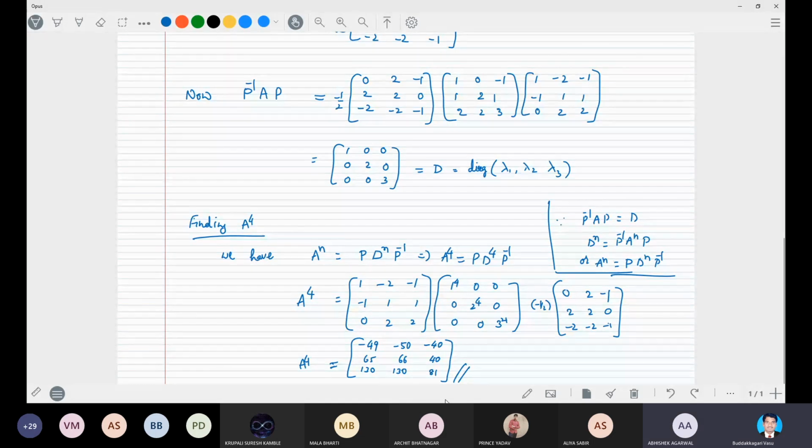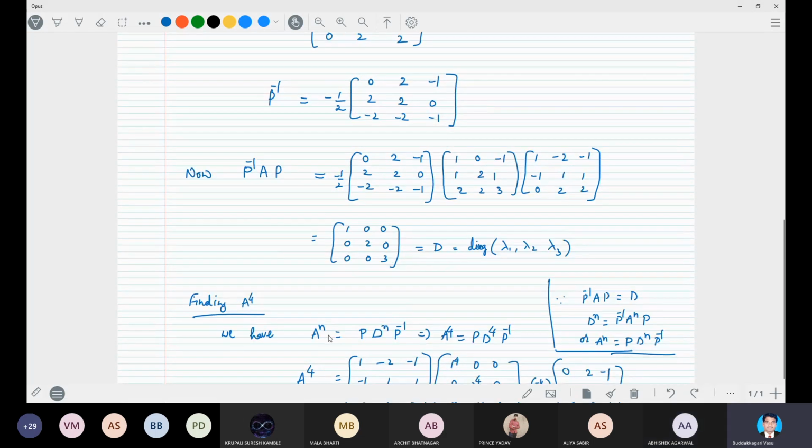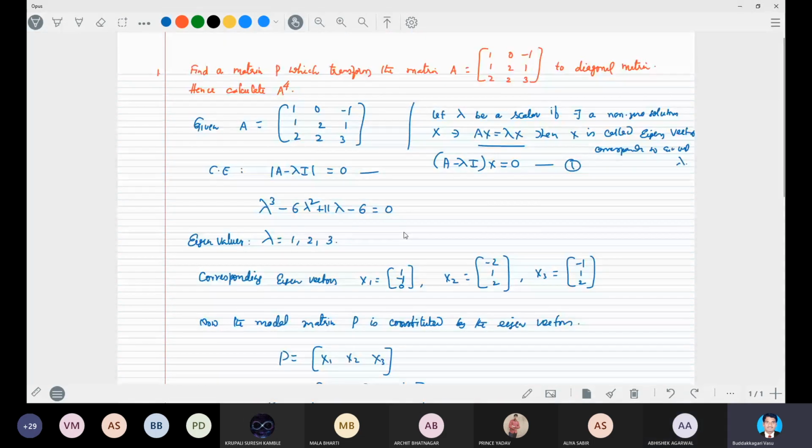Sir, this A power 4 can also be found through the Cayley-Hamilton method. Like that you can also carry it out, but there it is needed A square and so on. In the Cayley-Hamilton theorem, A satisfies this equation: A cube minus 6A square plus 11A minus 6I is equal to 0, right?